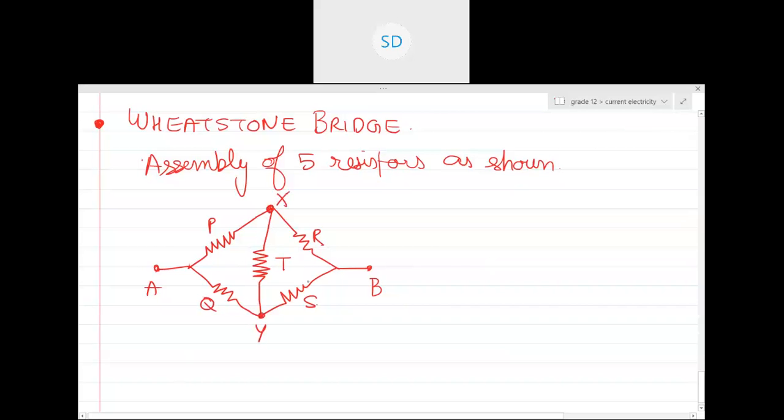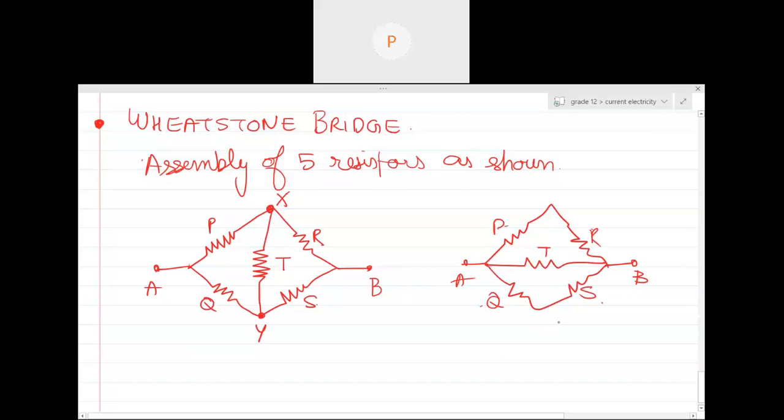If this resistor T would have been connected in between A and B, then this question would have been very simple, right? How will we solve this question? P and R are in series, Q and S are in series, and all are in parallel.